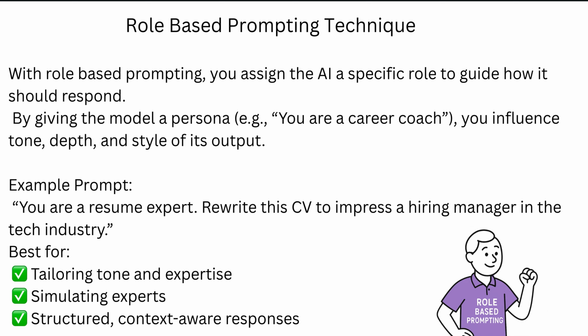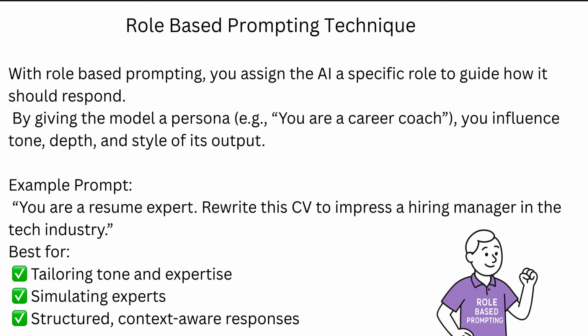With role-based prompting, you assign the AI a specific role to guide how it should respond. By giving the model a persona, you influence tone, depth, and style of its output. You know how in Nollywood movies, once someone wears a lab coat, you just assume they are a doctor? They are playing the role of a doctor.